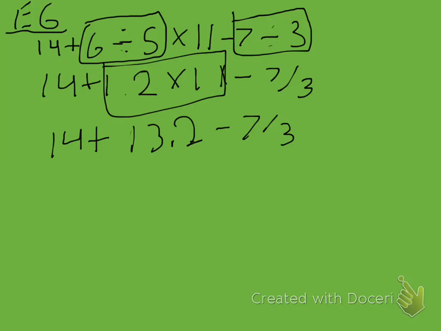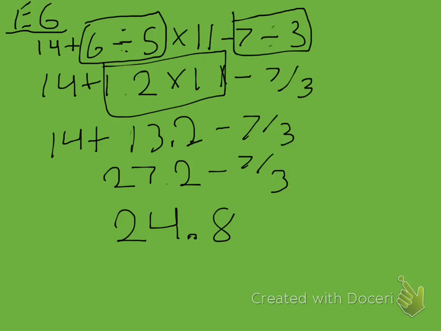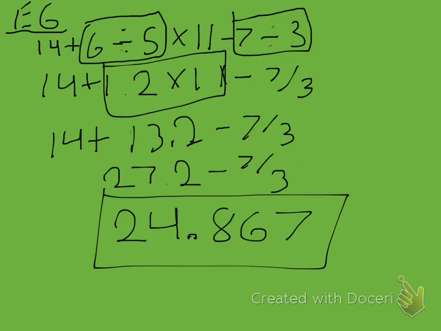You add and subtract left to right, and you're going to get 27.2 here, minus 7/3. And your answer is going to be a decimal: 27.2 minus 7/3 equals 24.867. And that will be your final answer.